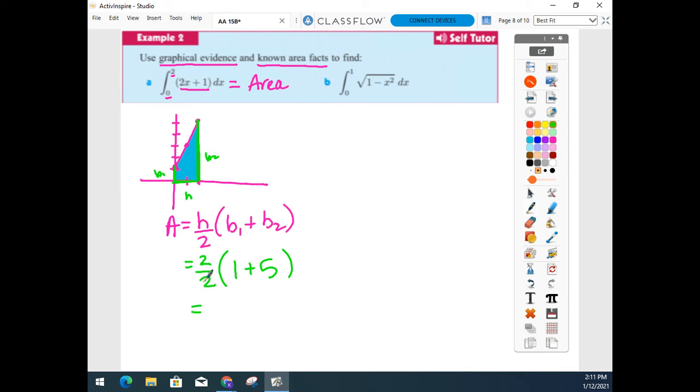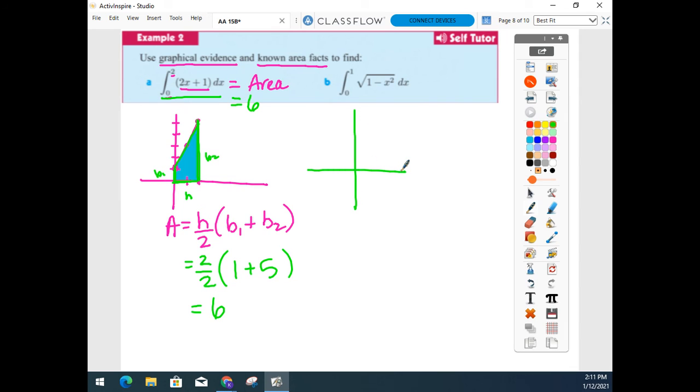So this is just 1 times 6 is 6. Since the area of this trapezoid is 6, the area of this integral is 6 because the area is all above the x-axis. So if you can find the area of the figure, you know the value of the integral.